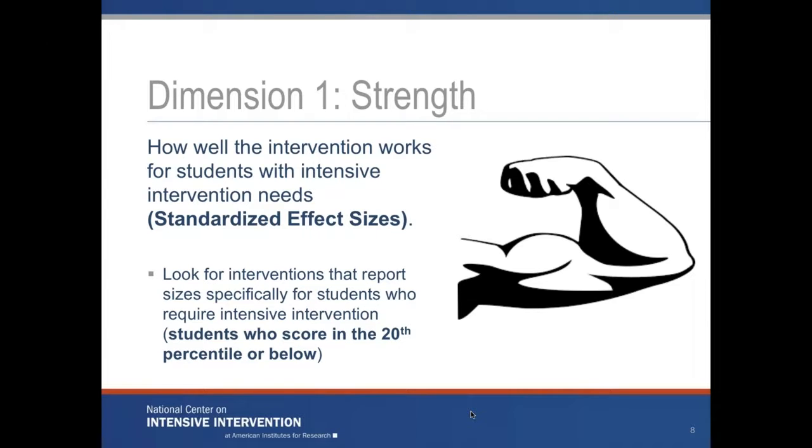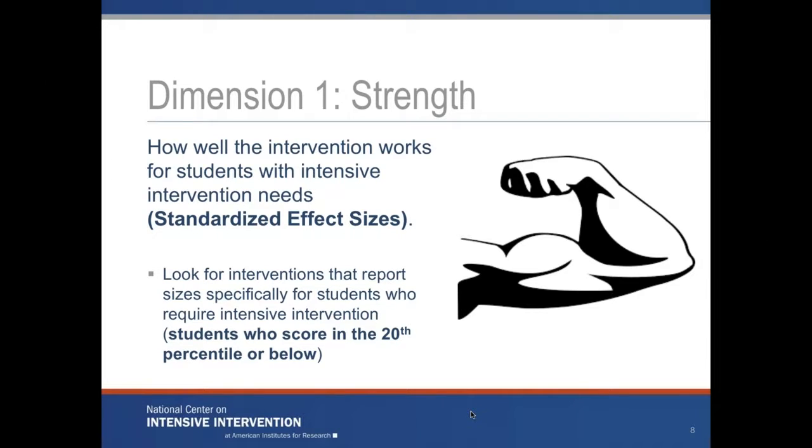A note about effect sizes. When I say effect size, an effect size is just a standardized measure that we use to describe how much higher intervention students performed at the end of the intervention when compared with students who didn't get the intervention. And it's usually given in standard deviation units. I know that's a little bit confusing, but it's a way that we can objectively compare intervention strength to one another.